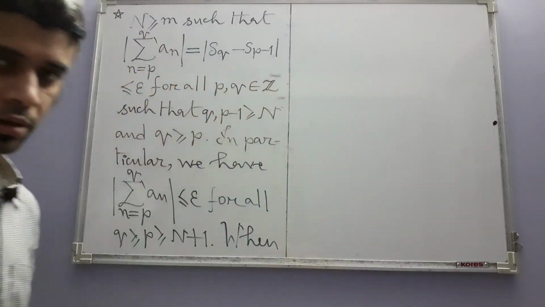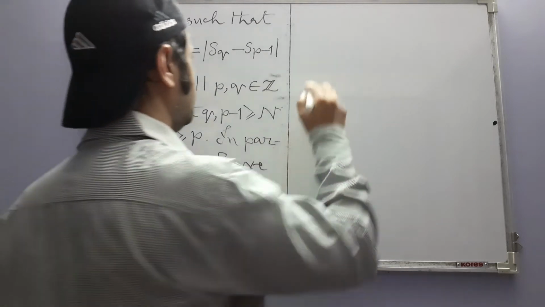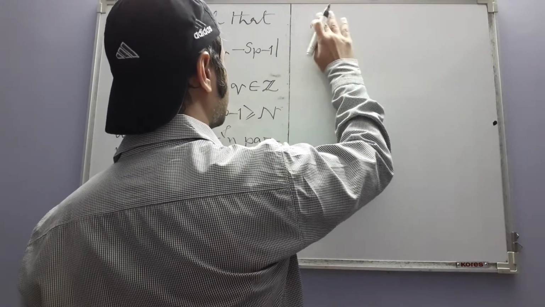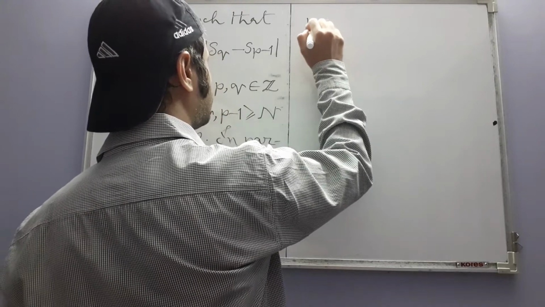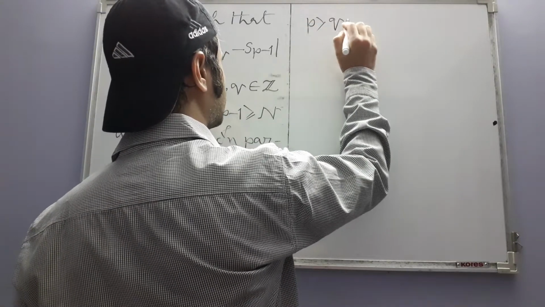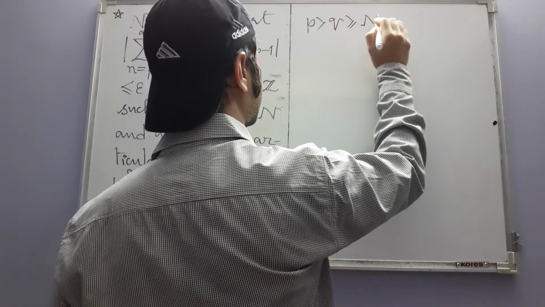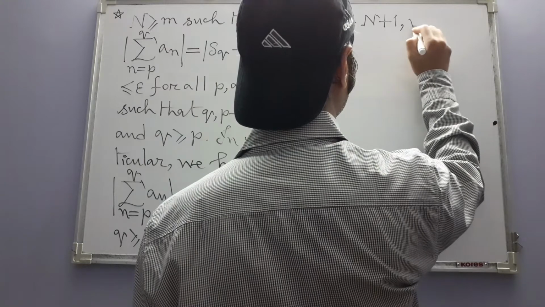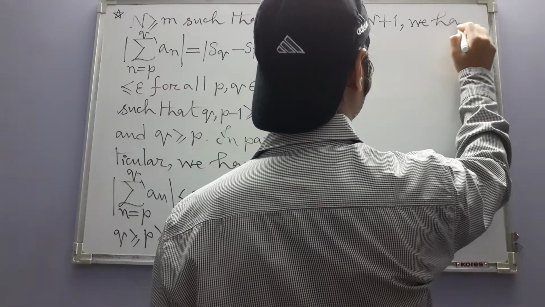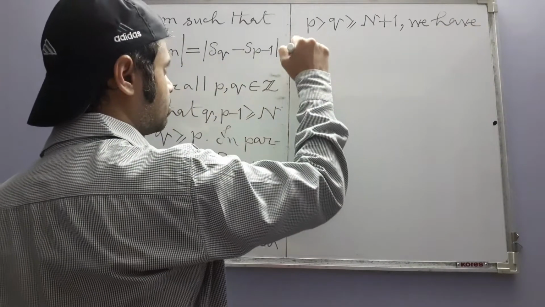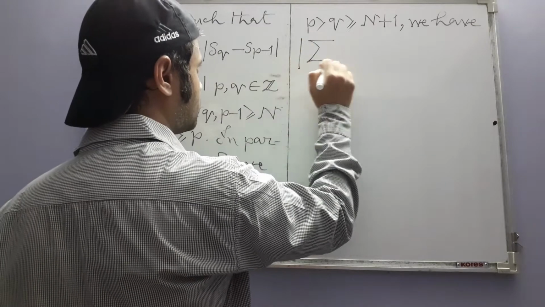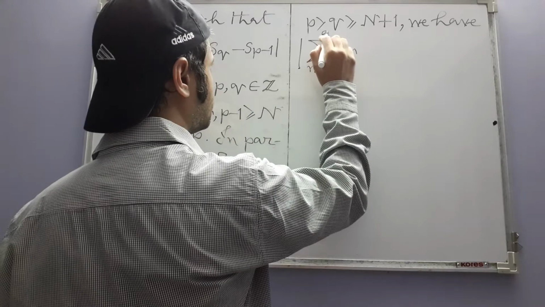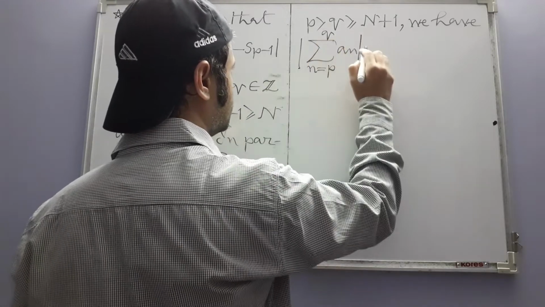But that case is almost trivial. When p is greater than q and q is greater than or equal to n plus 1, we have this thing, the sum from n equal to p to q.